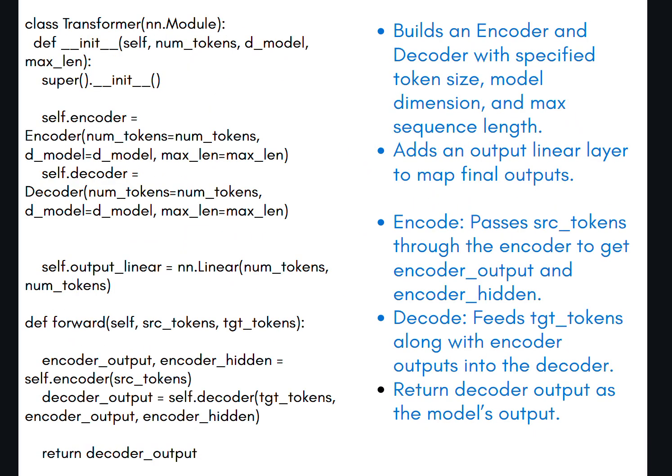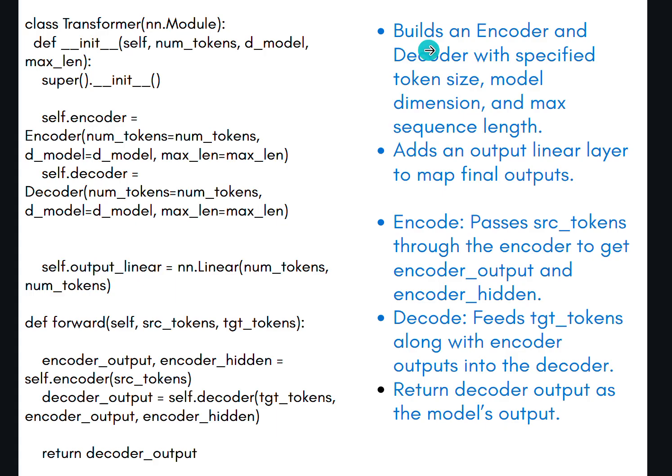Okay, and then bringing everything together in our final class, which is the class Transformer. Again, it has self, num_tokens, d_model, max_length, super().__init__, and self.encoder equals the initialized values from the encoder. Then this is from the decoder, which takes the num tokens, d_model, maximum length, again the same thing. And then we have a final output linear layer.